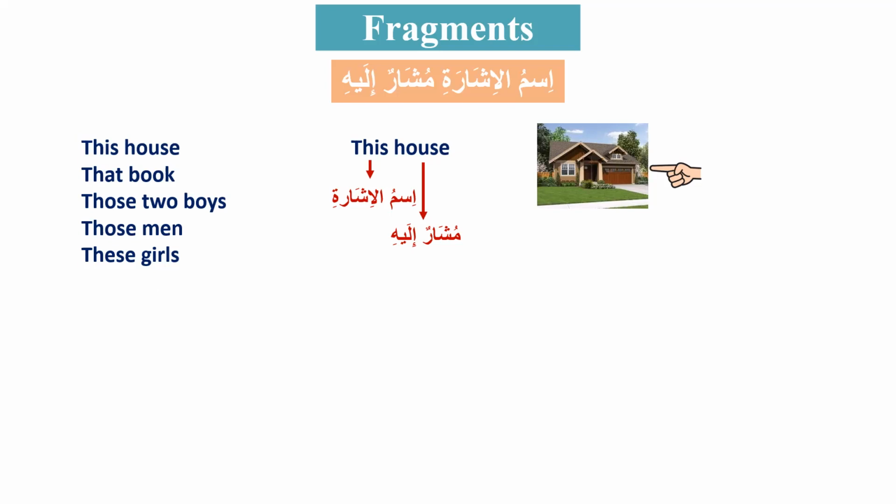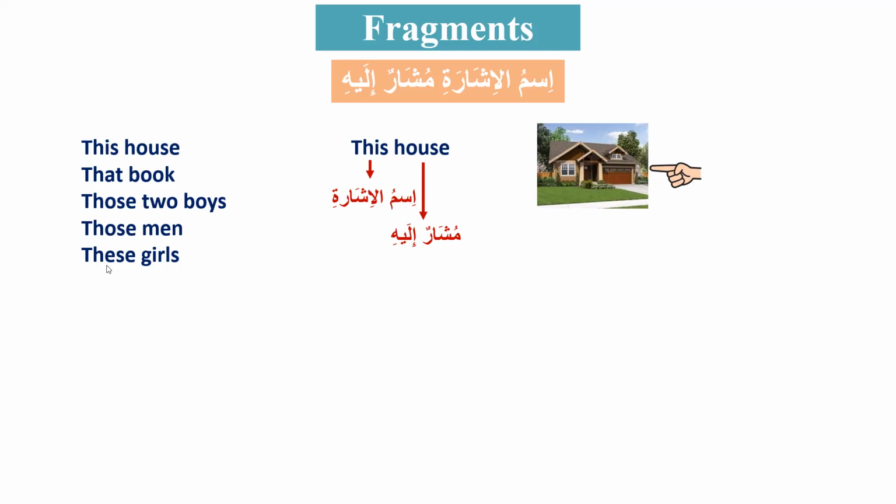You're saying these is musharun ilay and girls is ismul ishara. That's what you said? Okay. All right. Thank you, Nosheen. Taimia, do you agree with Nosheen? No. What do you think? These is ismul ishara and girls is musharun ilay.